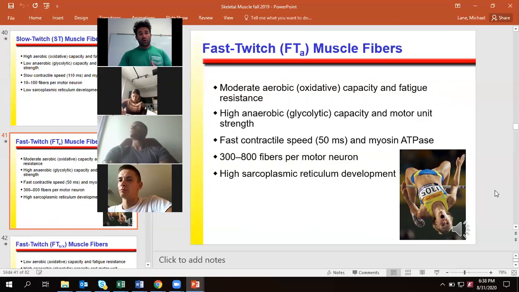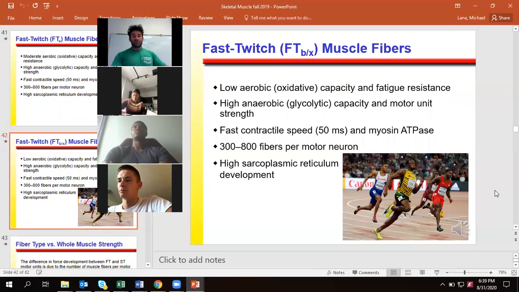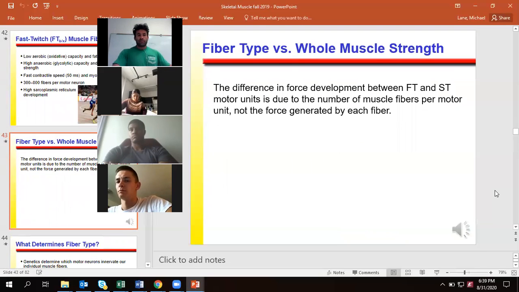They're going to have a much higher sarcoplasmic reticulum development, meaning the ability to both release and then bring back in calcium. And then our fastest of our fast twitch are going to be even more so than that. They're going to be slightly faster than our 2A fibers. We're going to be getting a huge amount of fibers per neuron, and they are going to fatigue out incredibly quickly. They're only going to last us mere seconds.